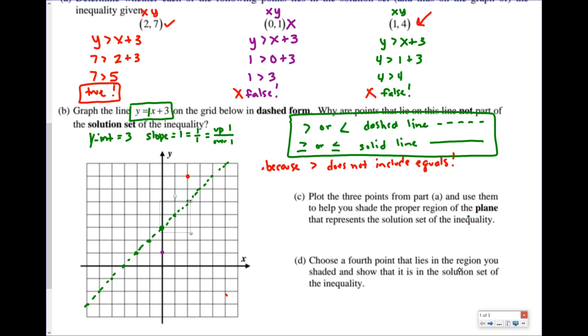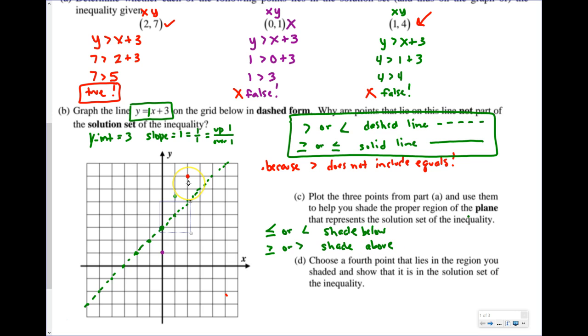So if I have a less than, or equal to, or just a less than sign, I'm going to shade below the line. And if I have a greater than, or equal, or just a greater than, I'm going to shade above.